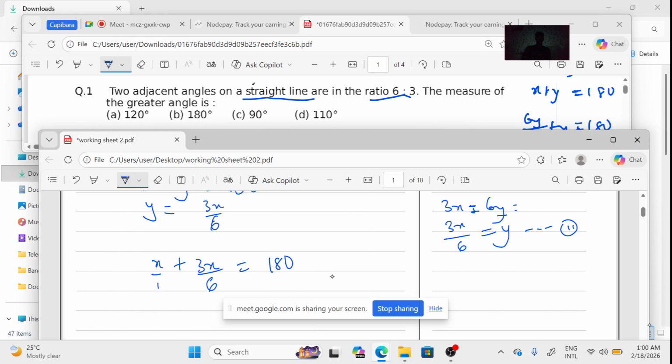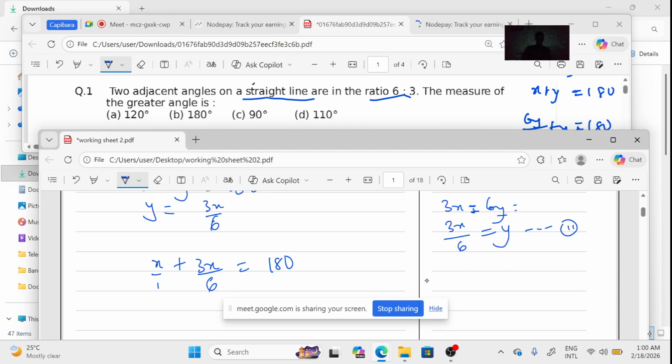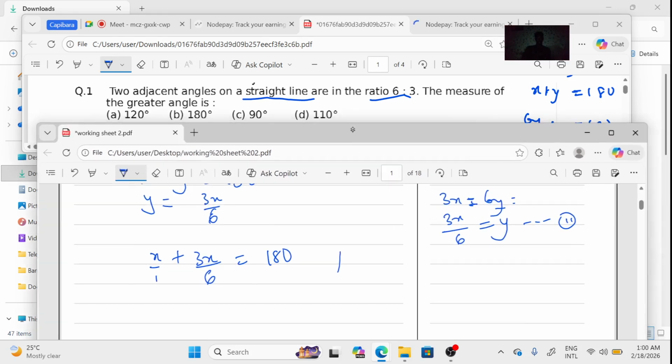So if I try and simplify the fractions, that's going to be divided by 6. So this is going to be 6x plus 3x equals 180.